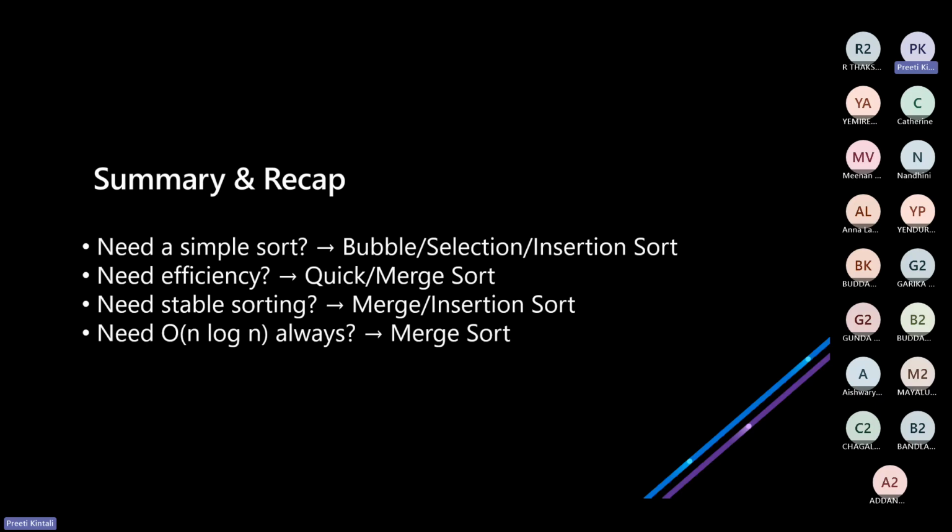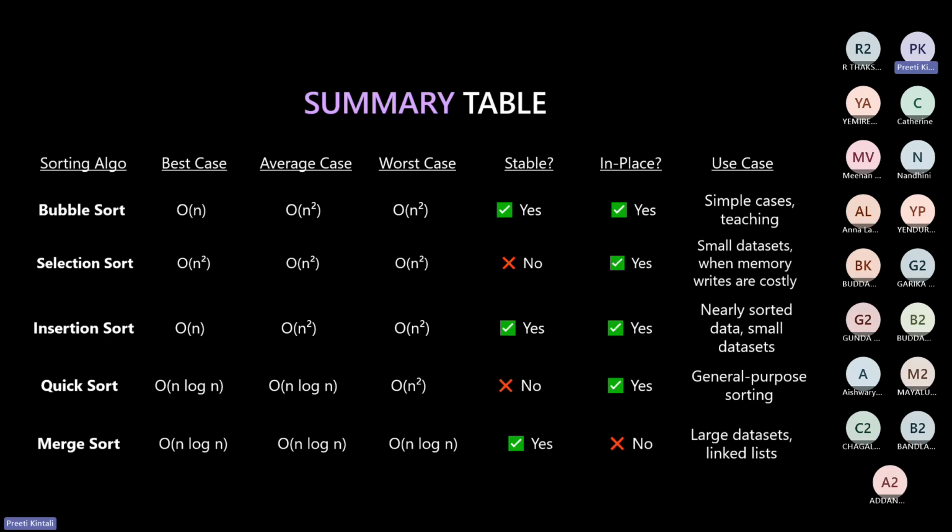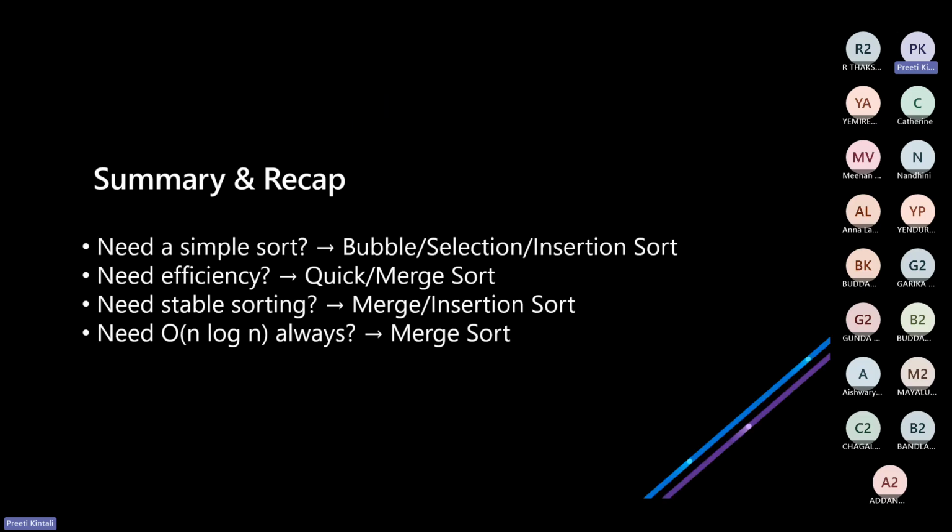If you need a stable sorting algorithm, you can choose merge sort and insertion sort. You can even choose bubble sort. And for big O of n log n always, then merge sort. So that was about this.